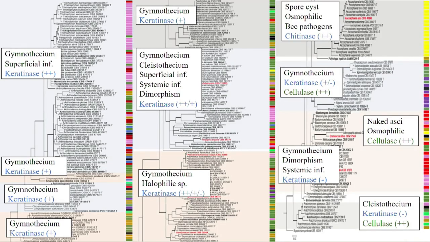And in the end, when we summarize the results, we can see keratinase activity is decreasing, but cellulase activity is increasing toward the bottom of the tree. And we can see different kinds of ascomata, Gymnoascaceae or Cleistothecia, in the order.